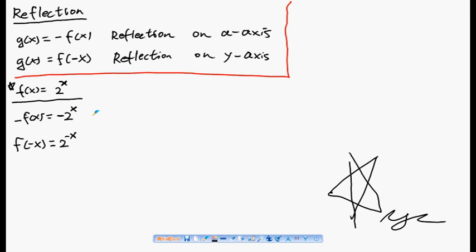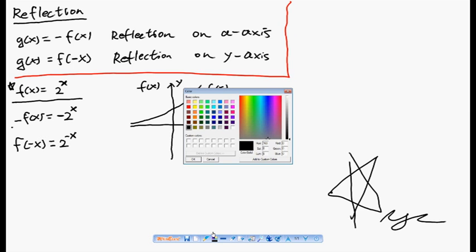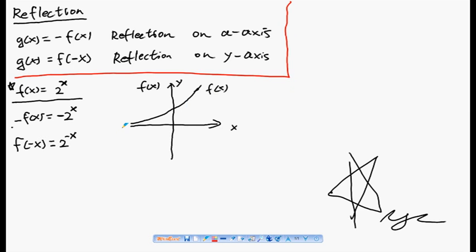In this case, I draw the graph. The function f(x) should look like this, with x and y axes, and there's an asymptote on the x-axis.